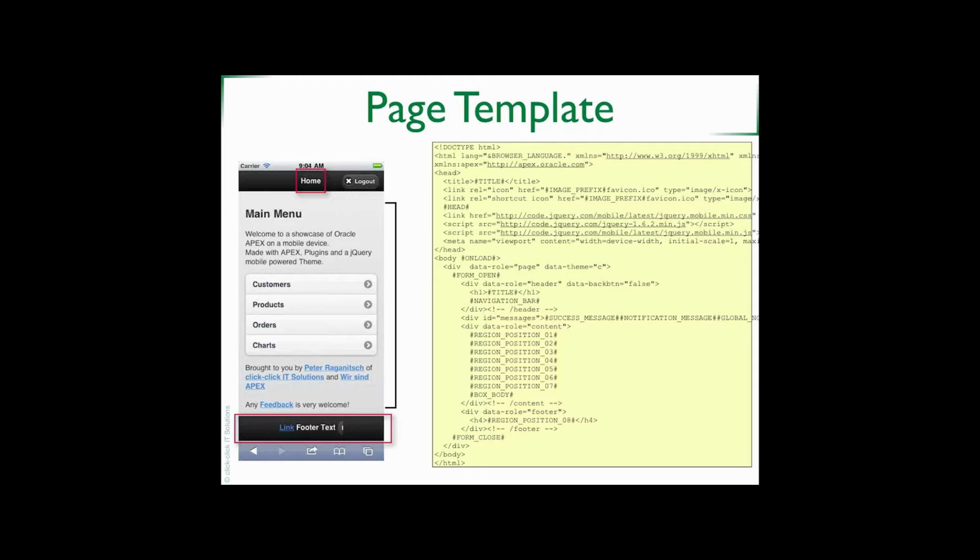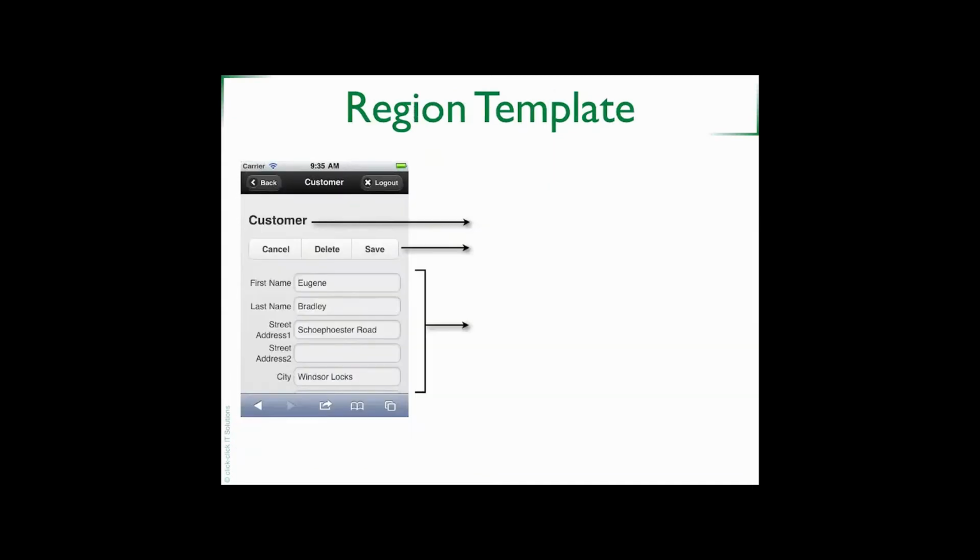After doing the page template and setting all the placeholders in the right position as discussed before, we can create a region template, which is really, really easy. All you need for a region template is a title, a place where you want to put the buttons, and the rest of the region.